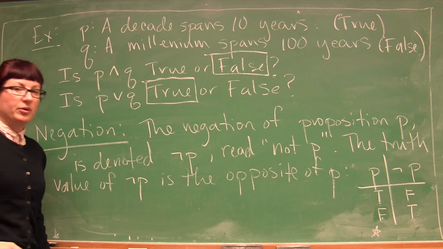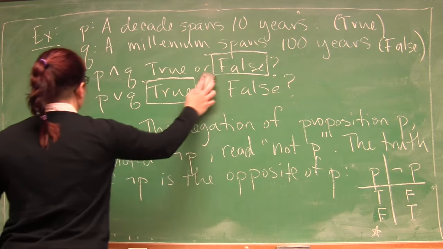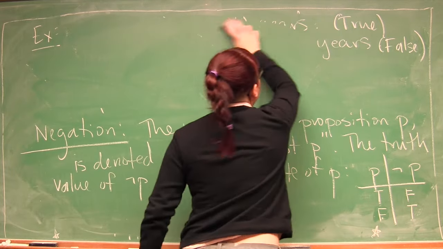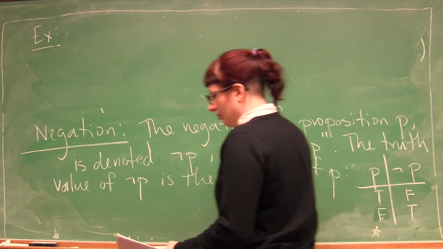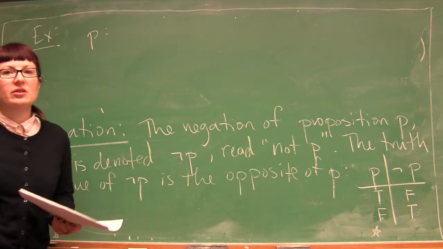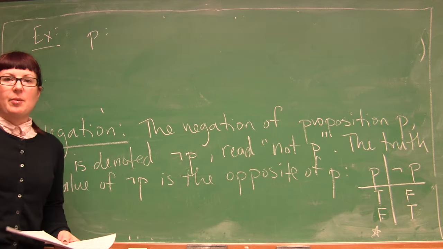For a quick example, proposition P could say Paris is the capital of England.